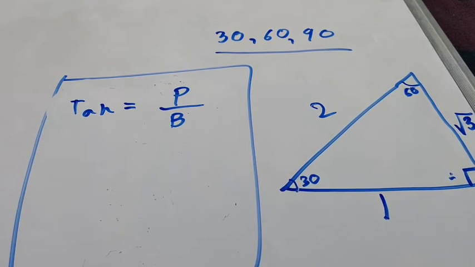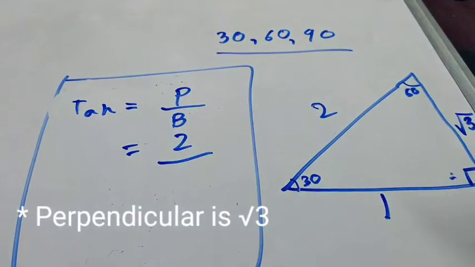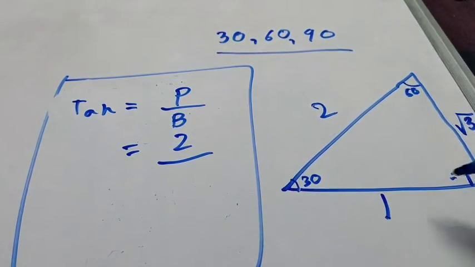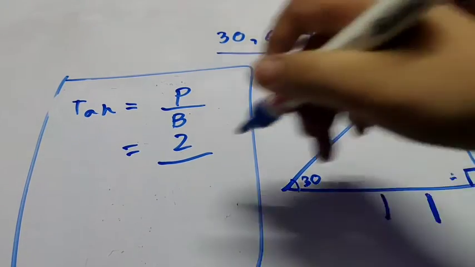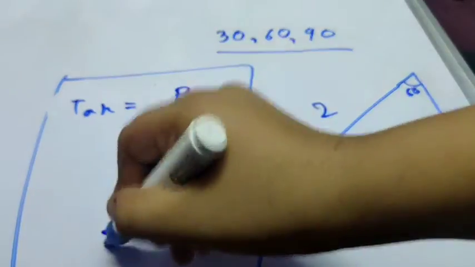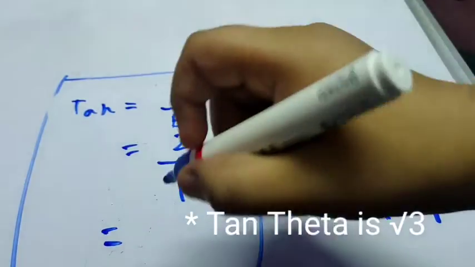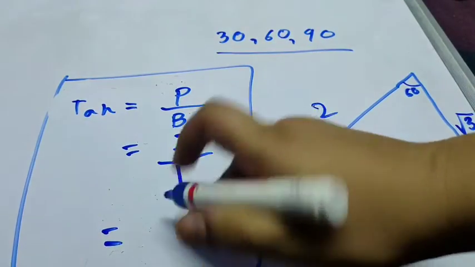So what is the perpendicular? It is 2, obviously, and the base here is 1, you can see. So the value of tan theta in a 30, 60, 90 triangle is 2.